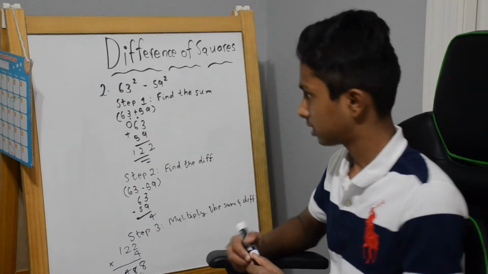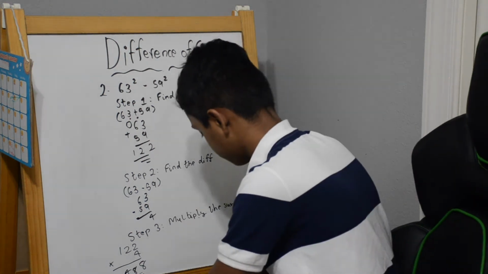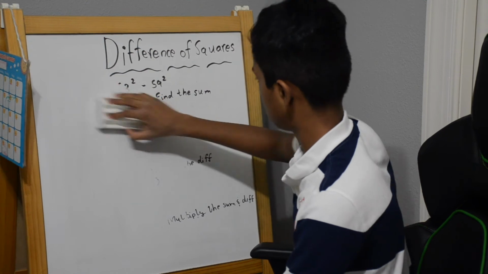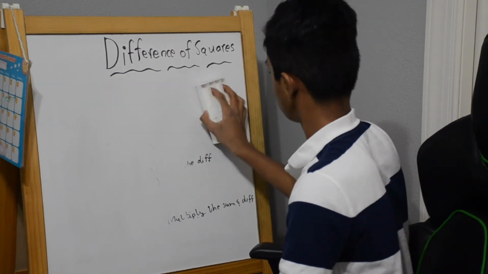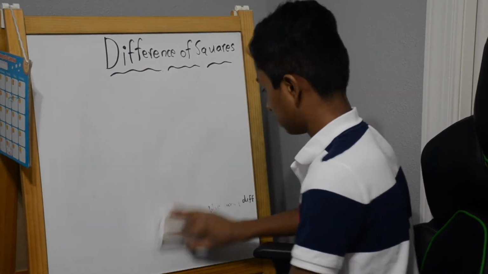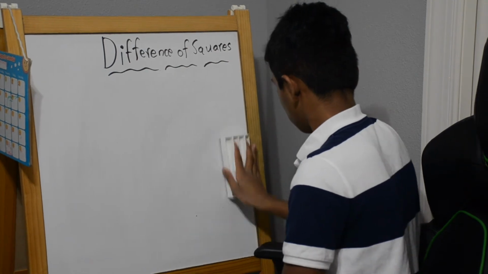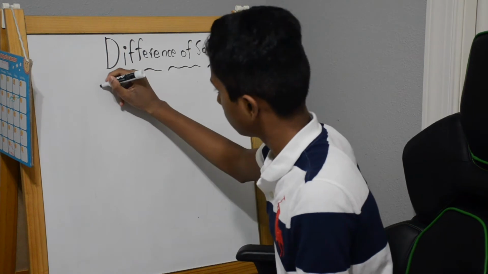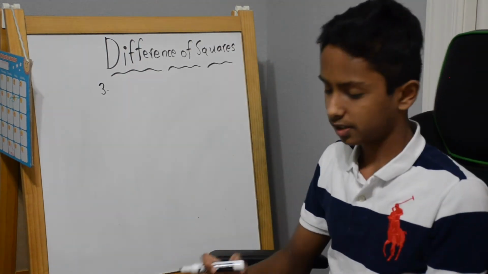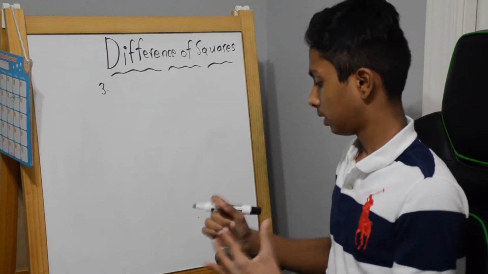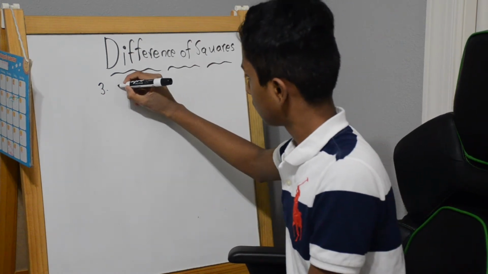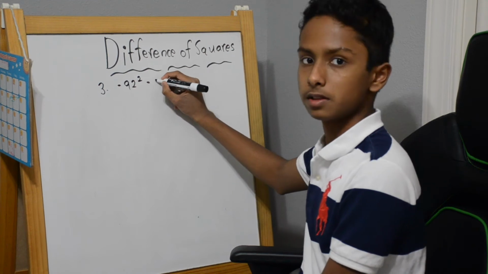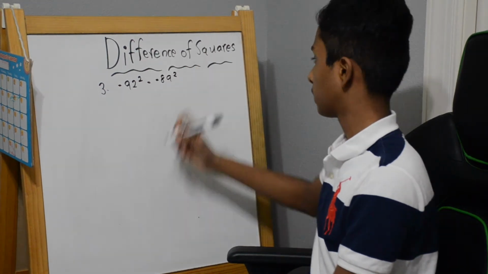Let's take the final example of this trick. The final example of this trick is negative 92 squared minus negative 89 squared.